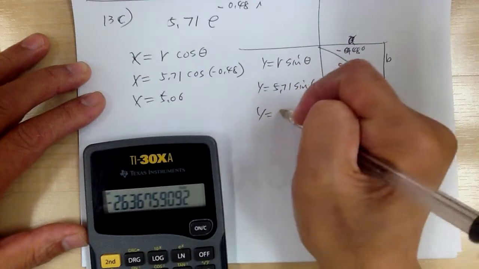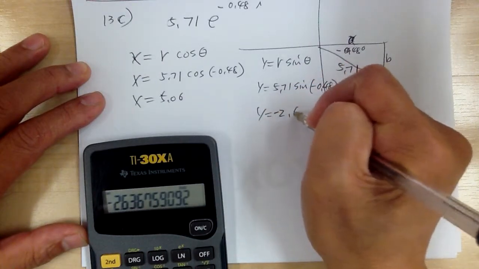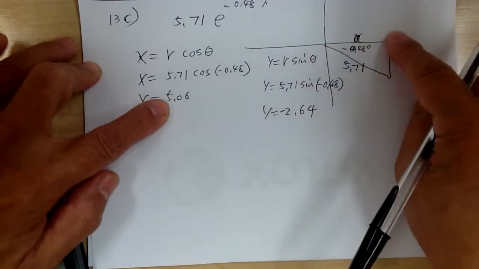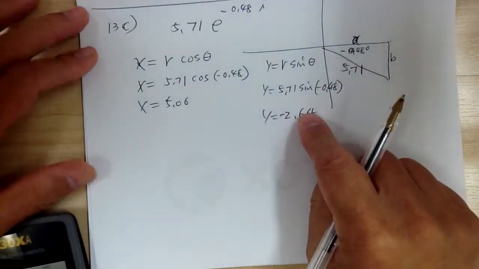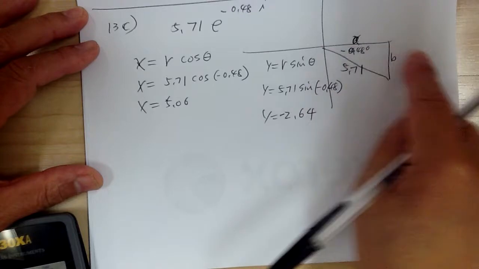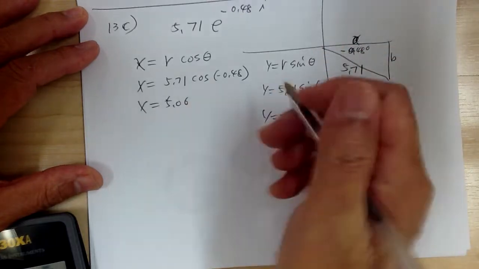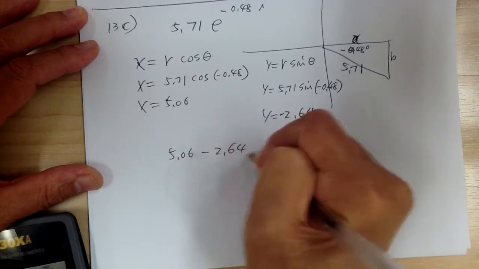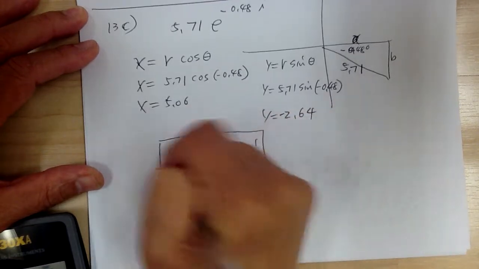So y equal to negative 2.64. So you have to make sure the signs match. See, this is positive, this is negative, right? So once you find your x and the y, that's the real and imaginary. So this is going to be equal to 5.06 minus 2.64 i.